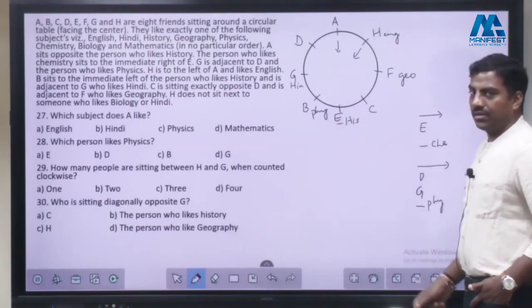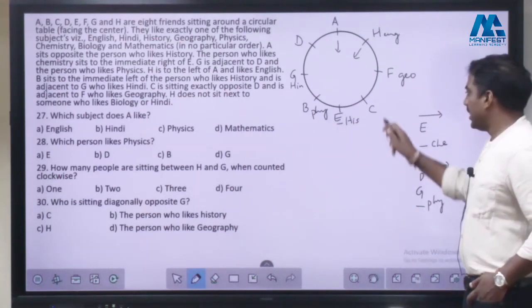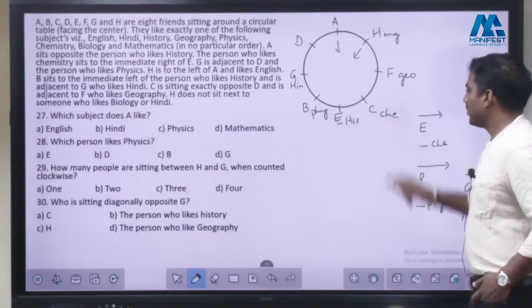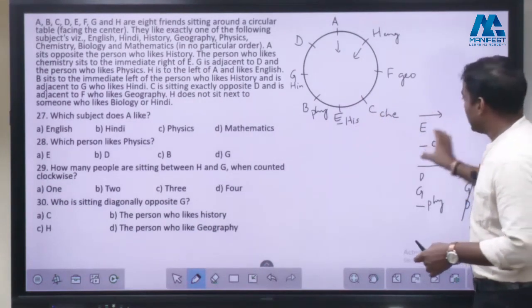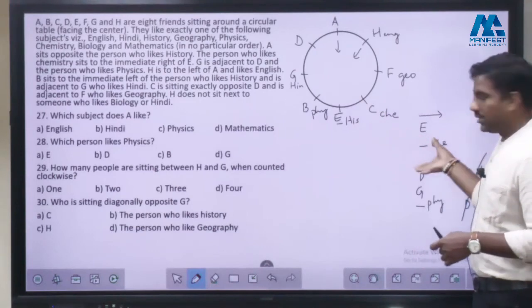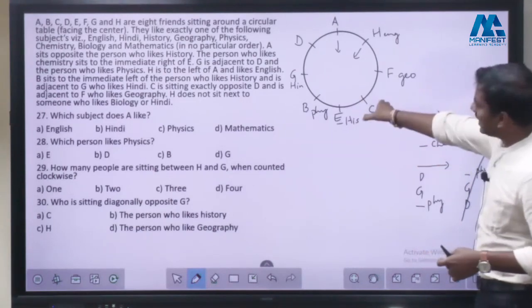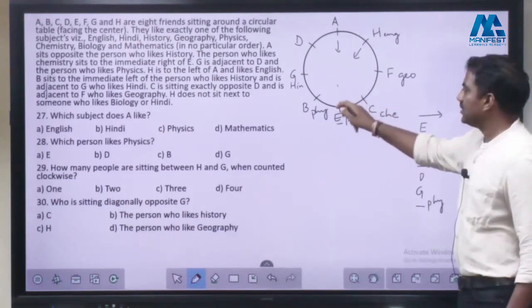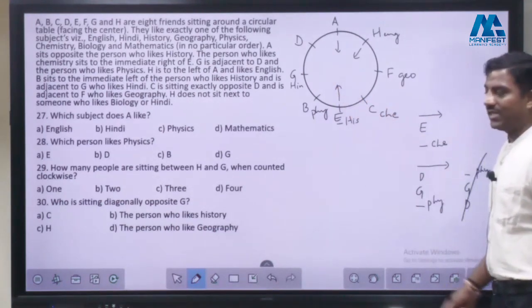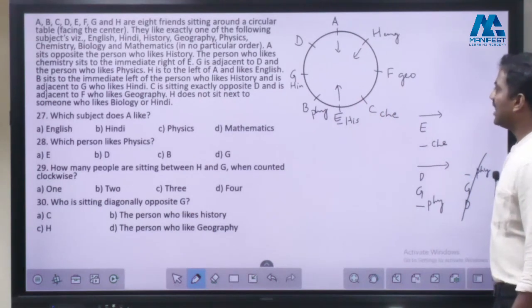E will come here, who likes history, and C will like. See, don't take them and fit like this, then their position will be outwards. Take them and fit like this. E is looking inwards, to the center of the table. Yes. Now, who is left now?